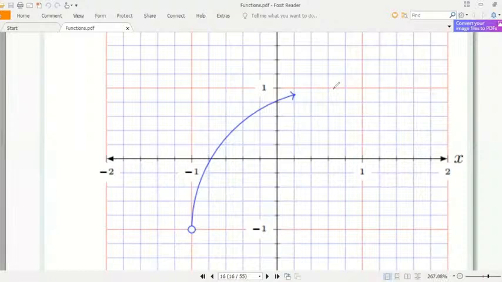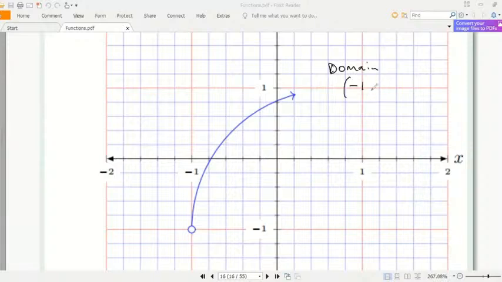So what is the lowest x value? It is -1. Is -1 included? This point here is a circle. It's open, not included. -1 is not included. If I use that, I cannot use a square bracket.